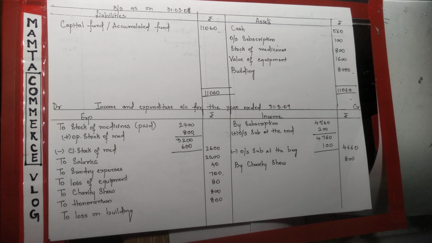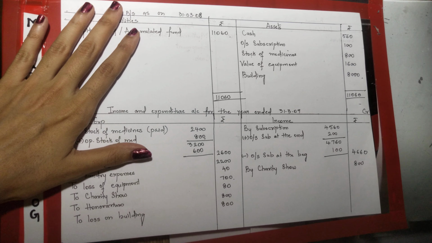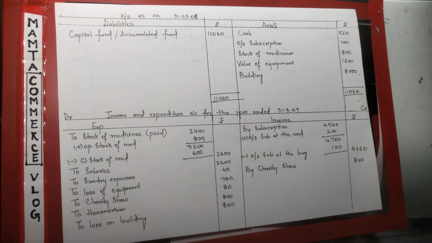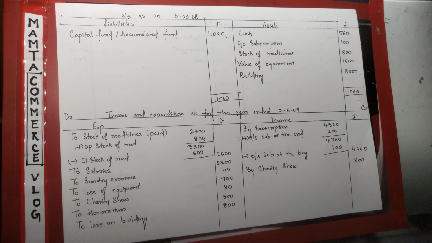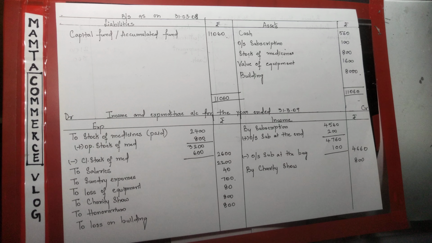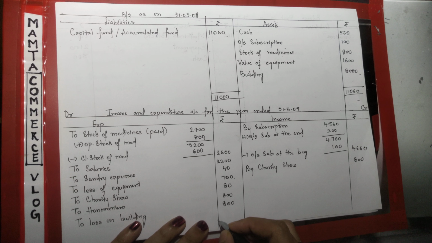So this is the opening balance sheet and the income and expenditure account. You can have a look at this, and we will see whether we got a deficit or surplus. Yes, so we will total it now.